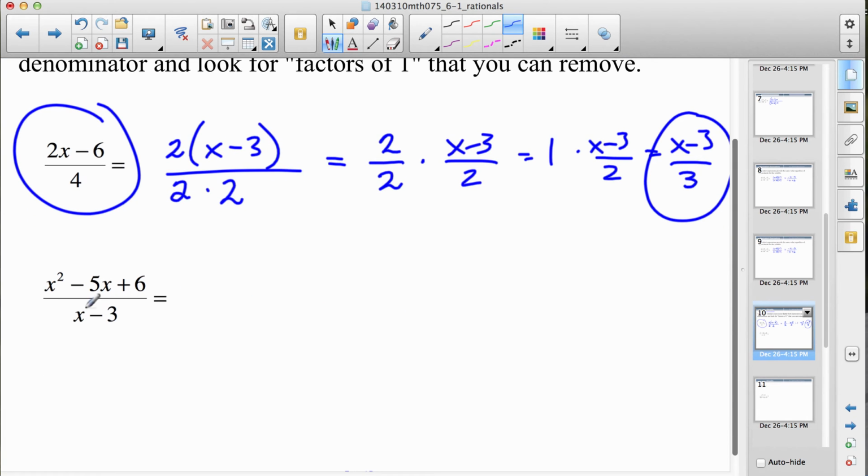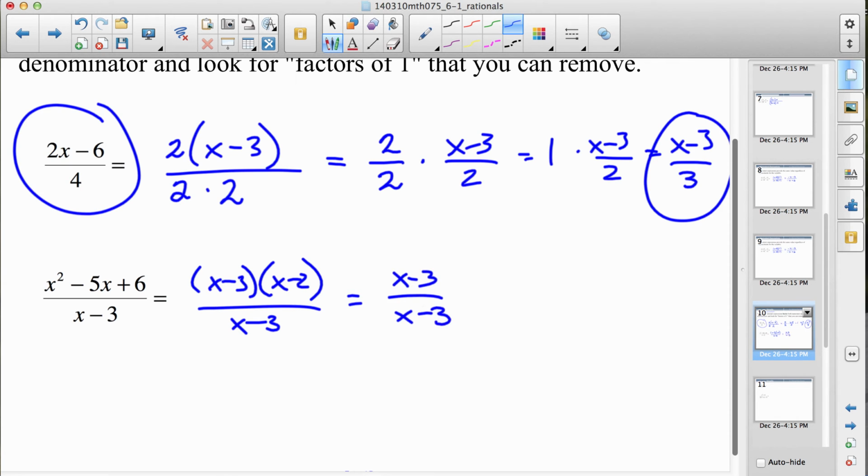Let's try another one. This is a little bit different. On the top, I have an x squared, x, and a number. I've already factored that in this video. I think it's x minus 3 times x minus 2 all over x minus 3. And lo and behold, I have a factor on the bottom and the top that are the same. So I could rewrite this as x minus 3 over x minus 3 times x minus 2.